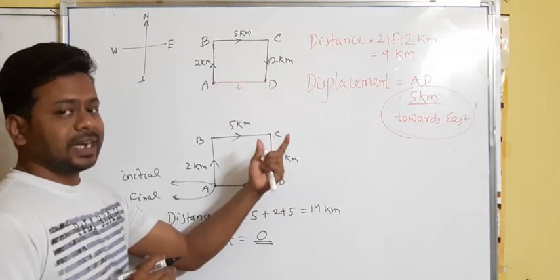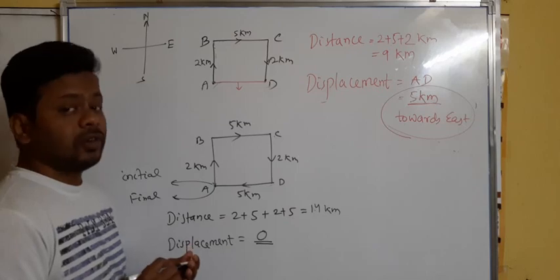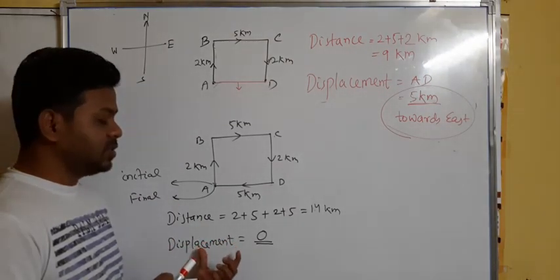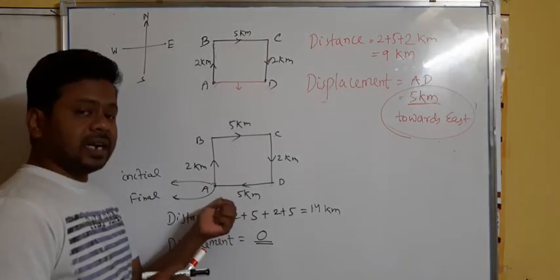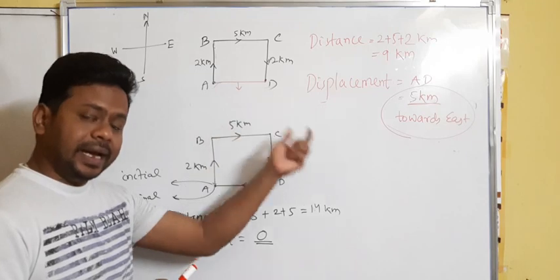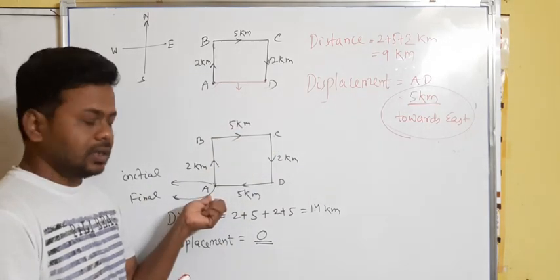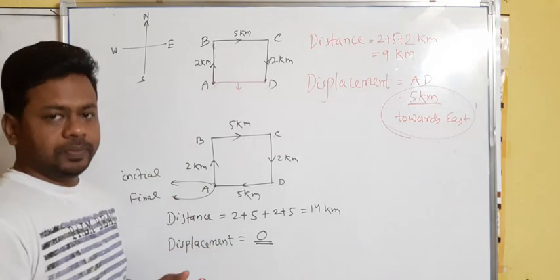Distance cannot be 0 for a moving object, but displacement for a moving object may be 0, when the object starts from a point and returns to the same point after covering a different path.